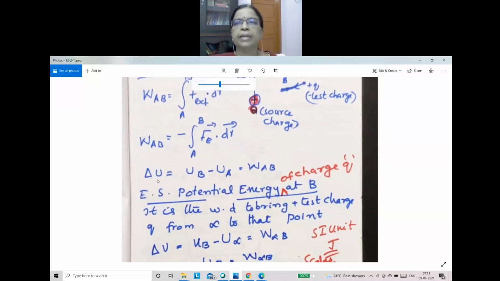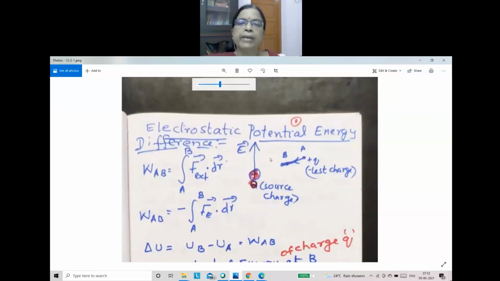Delta U means difference, the difference in potential energy. That is UB minus UA, where U means potential energy. Where is the potential energy more, children, A or B?